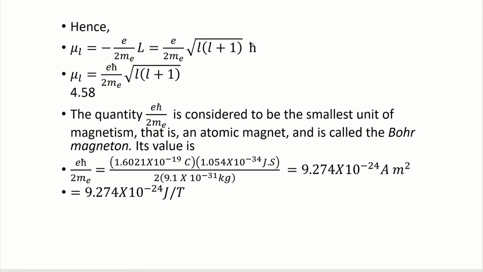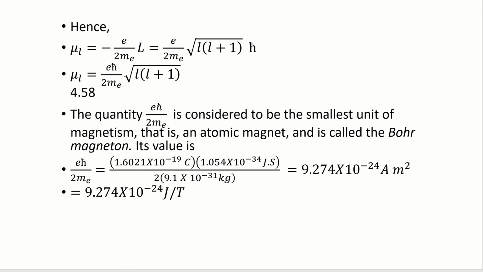The quantity e over 2 m sub e is called the gyromagnetic ratio, but the quantity e h bar over 2 m sub e is considered to be the smallest unit of magnetism, that is, an atomic magnet, and it's called the Bohr magneton.